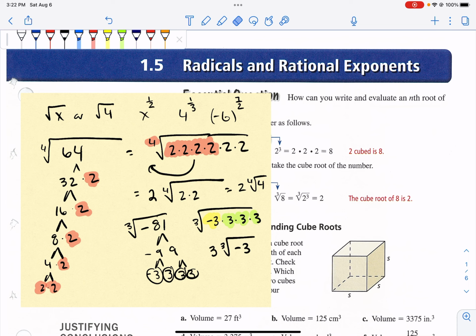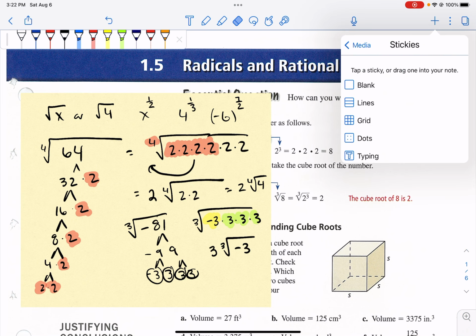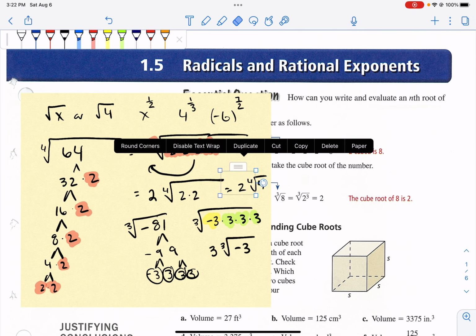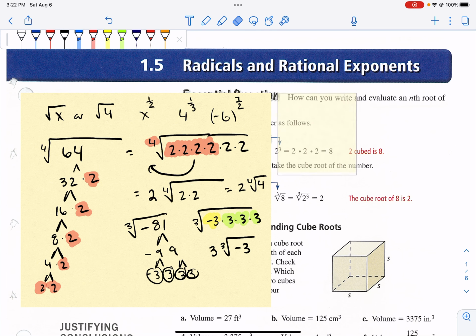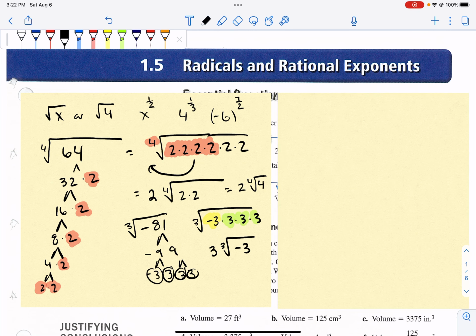The other things that I want you to add, let's make another sticky note over here because I don't want to write over the top of this one. The other thing that I want you to remember from last year, and I really, really hope you actually were taught this last year, is if I have the cube root of x.